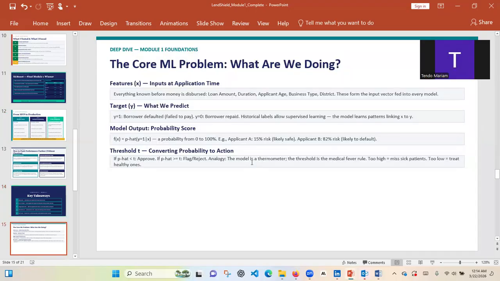The core ML problem here was about detecting defaults. So what we are doing is using everything known before money is disbursed. We know the loan amount. These are the features involved, the major features involved before we issue out the loan.